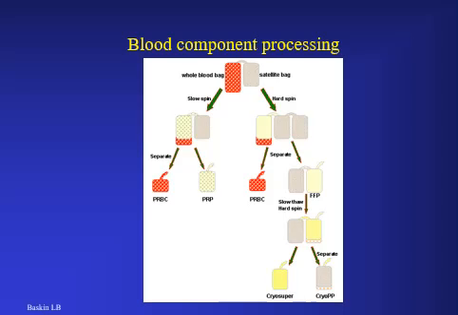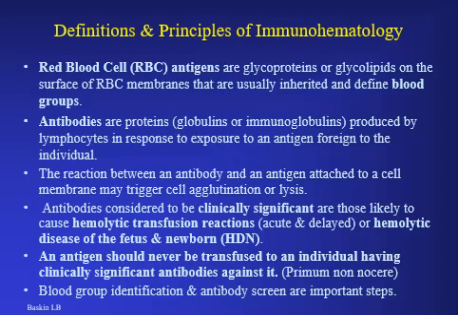And after it's frozen, as it's thawed, cryoprecipitate may be removed, which would leave cryopoor plasma if that's what's desired. Now let's turn to some of the basic definitions and principles of immunohematology, which is another term for blood banking or transfusion medicine.